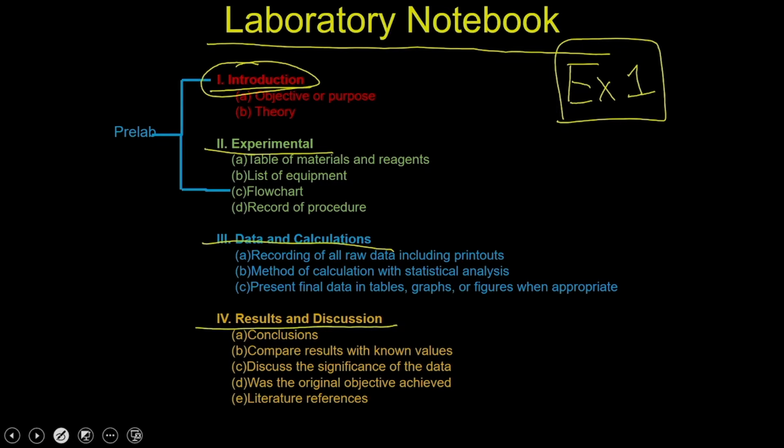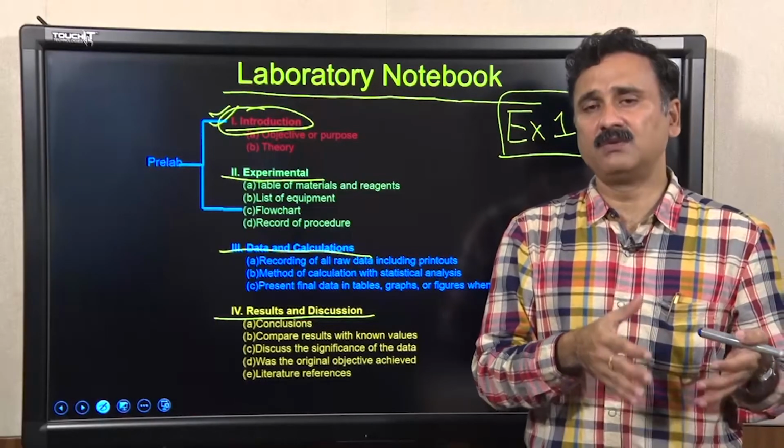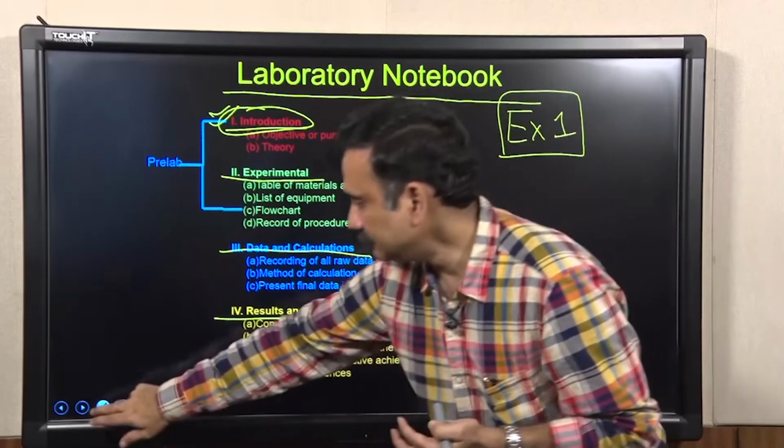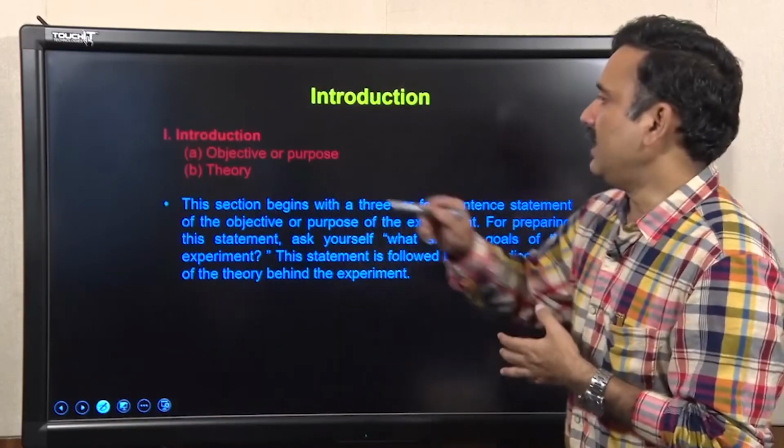Let us discuss each individual item and know what things you have to keep in that particular section, so that your laboratory notebook provides accurate and reproducible information for others to follow. So, the introduction.